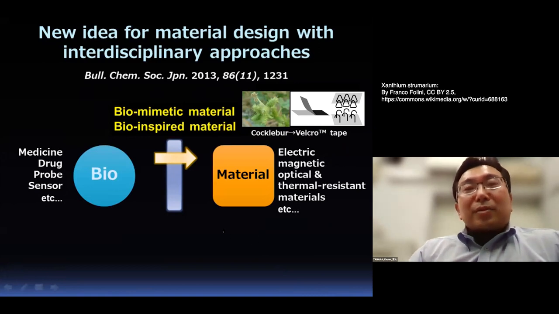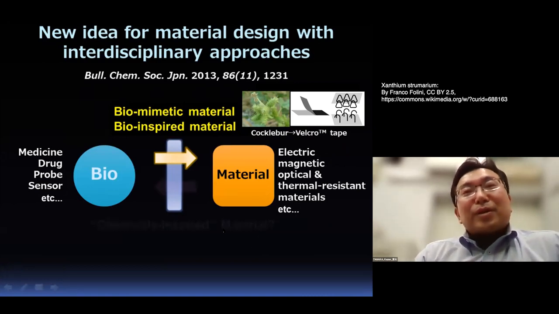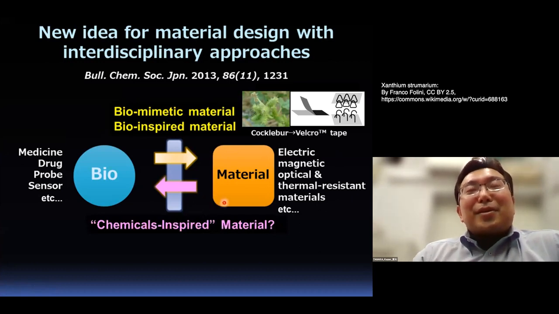At this stage, we suppose that if we design biomaterials based on the chemistry in artificial devices or materials, unique function should be obtained. We named these materials chemicals inspired materials, a name we use only in our laboratory.